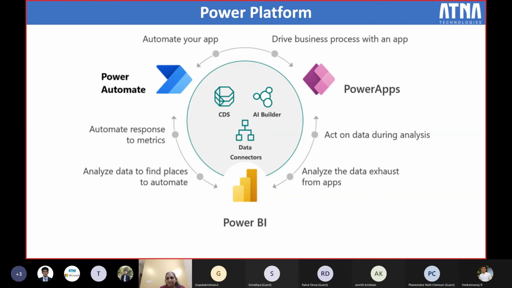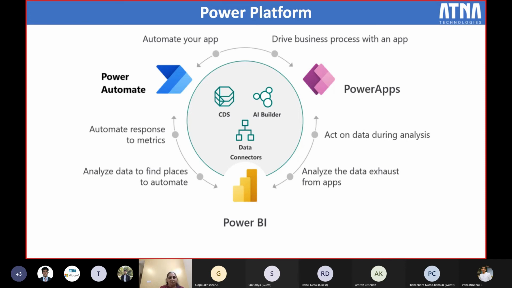And the moment we analyze the data in Power BI, there is a feedback mechanism which could be fed back into Power Apps. So all three are connected. And in the middle of all this, there is the CDS, which is nothing but our data store, which is common across these systems. In addition to that, you also have a chatbot which can take data from any of this, and you could have a chatbot operating based on this, interconnected with all of this.